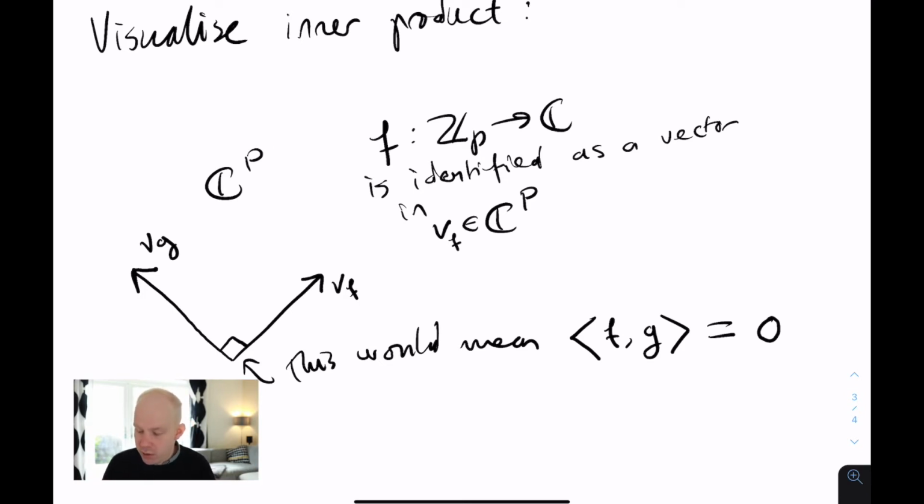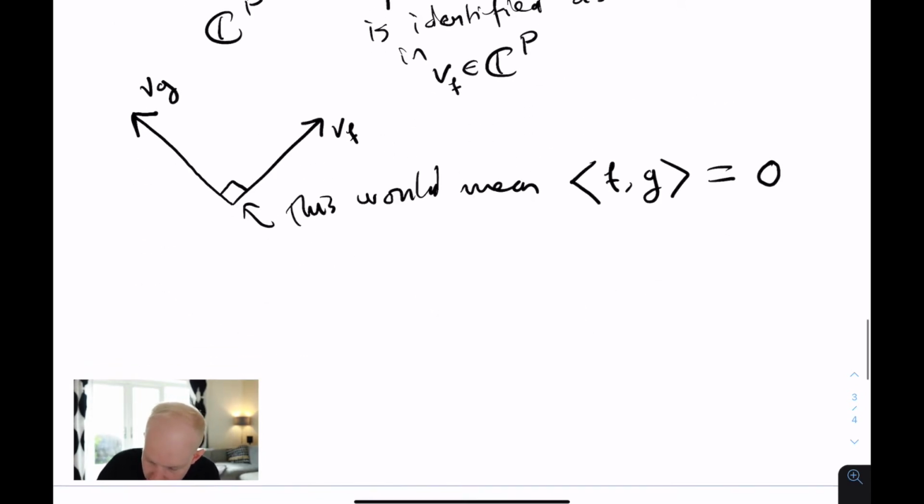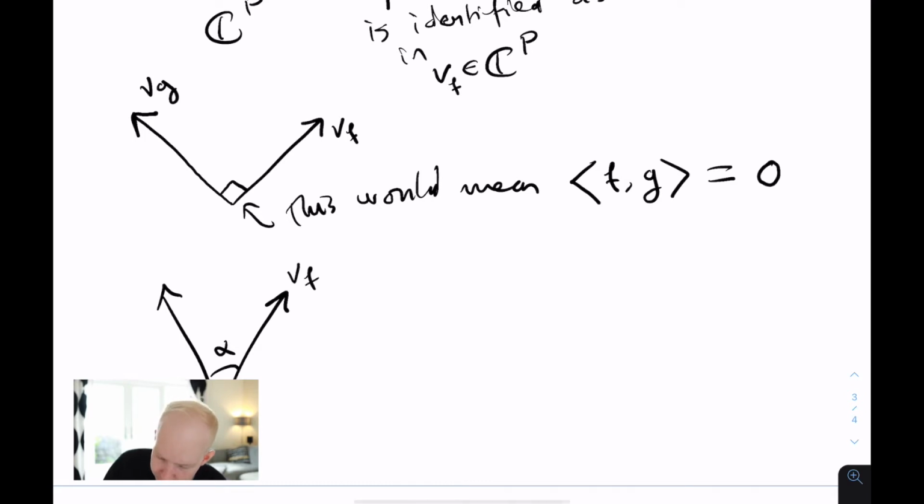And now if the inner product here would be non-zero, then there would be some angle. If it isn't equal to 0, then there's an angle, and there's a formula using the cosine of this angle that you could then represent here.